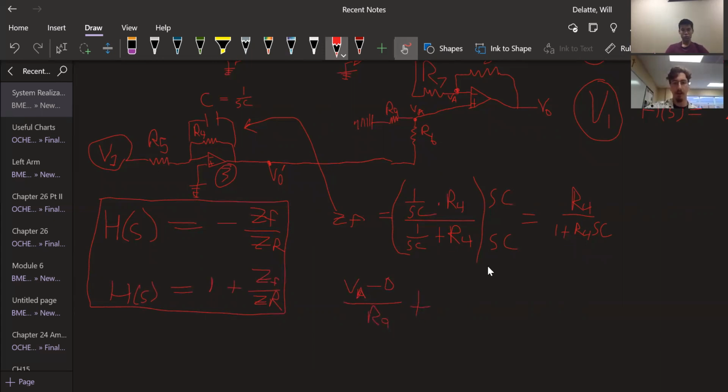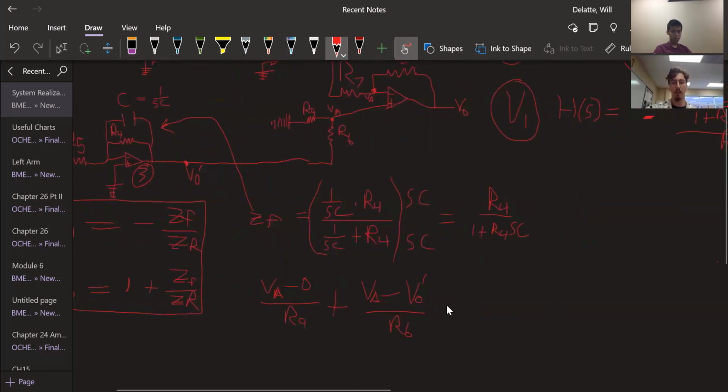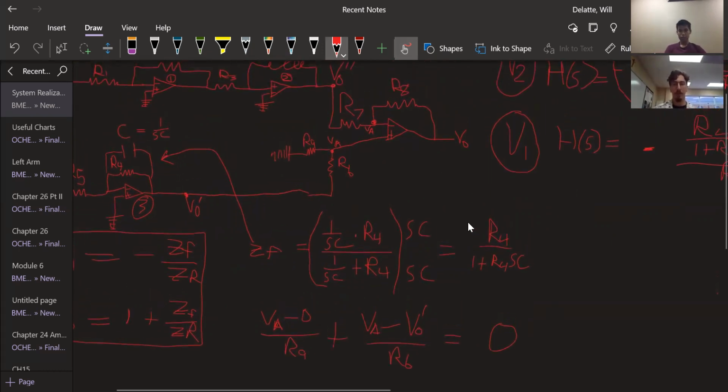And then we're going to add that up with our VA minus our V out prime, because remember, we know what it is up to that point, over R6. And then that's all we can say from that branch, because it then feeds into the op amp.